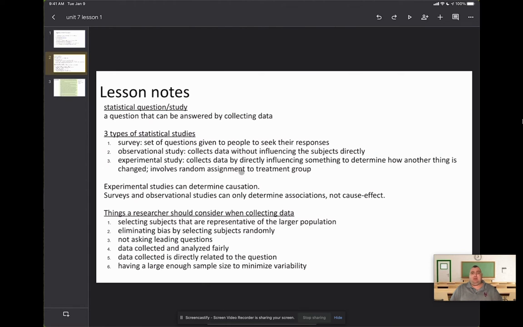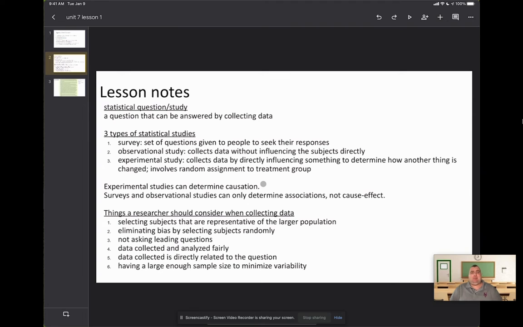So in an experimental study, the people conducting the study are interacting with the participants or the subjects. You collect data by directly influencing something to determine how another thing is changed. It involves random assignment to a treatment group.